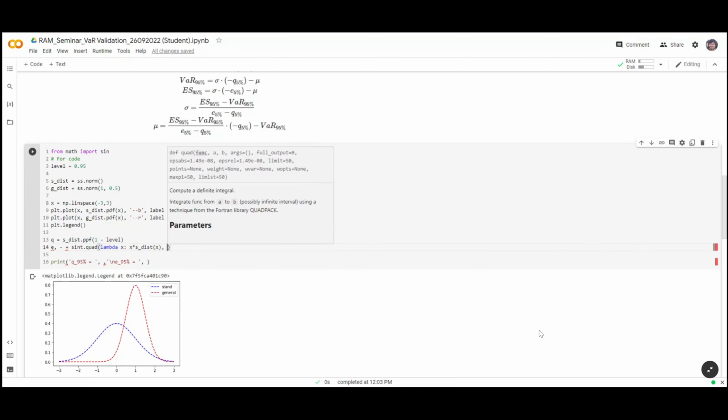Okay. And I put minus inf. Oh no, it's from numpy inf.